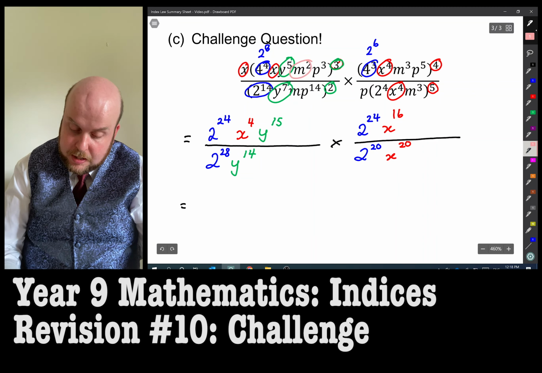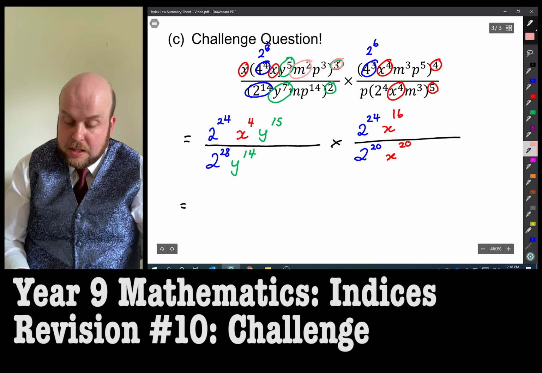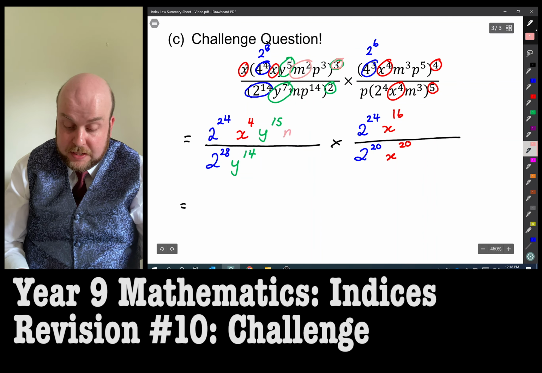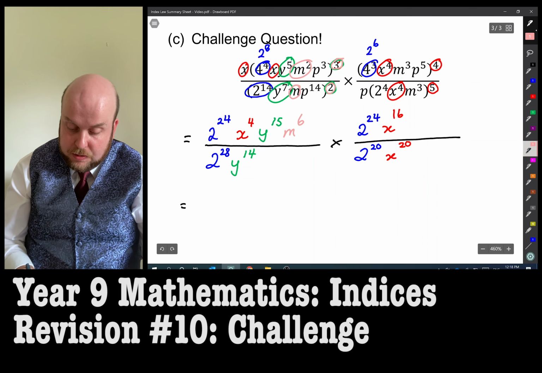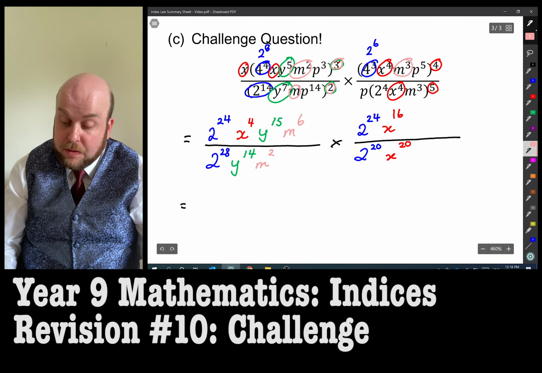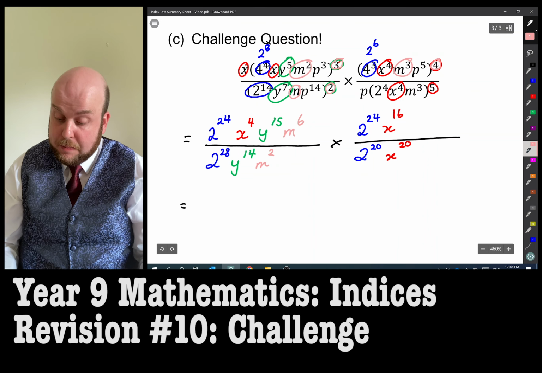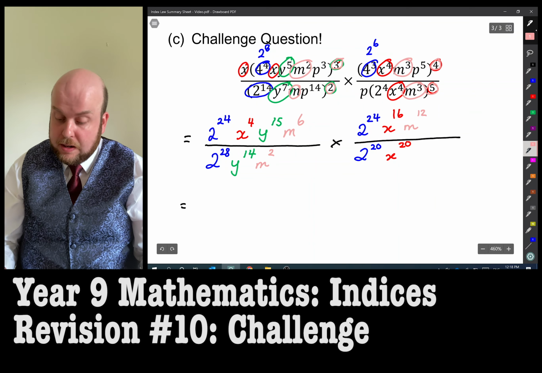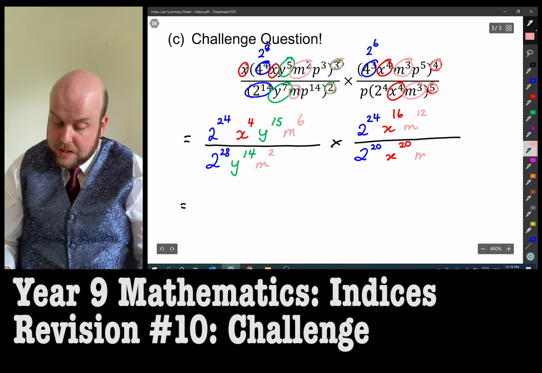M. m to the power of 2, all that to the power of 3, makes it m to the power of 6. m to the power of 2 here at the bottom. m to the power of 3 times 4, which makes it m to the power of 12. And then we've got m to the power of 3 and a 5 there, m to the power of 15.